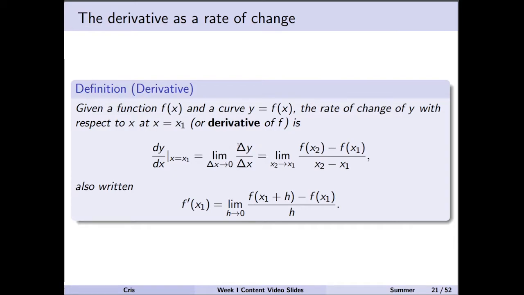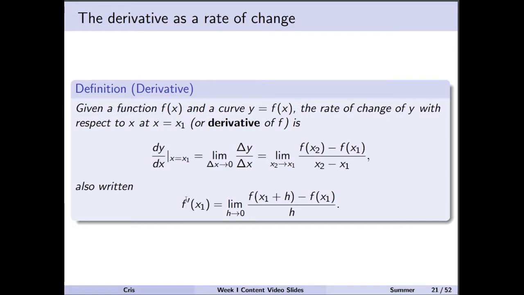The average rates of change are delta y over delta x, and we take a limit as the time interval, or as the x interval goes to 0. So as x sub 2 approaches x sub 1. We call this dy over dx, and this is the rate of change.